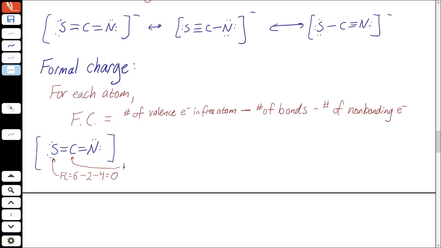Okay, then we do the same thing for carbon. Carbon has 4 valence electrons. There are 4 bonds connected to it, and 0 pairs of electrons. So its formal charge is also 0. And then for nitrogen, the formal charge is going to be 5 valence electrons minus 2 bonds minus 4 non-bonding electrons is -1.